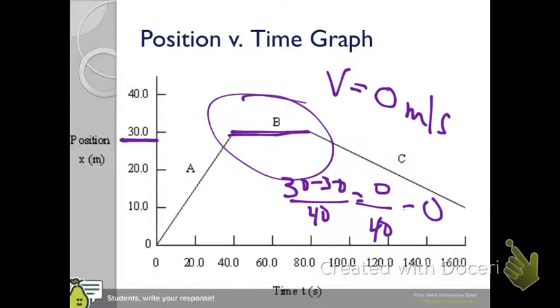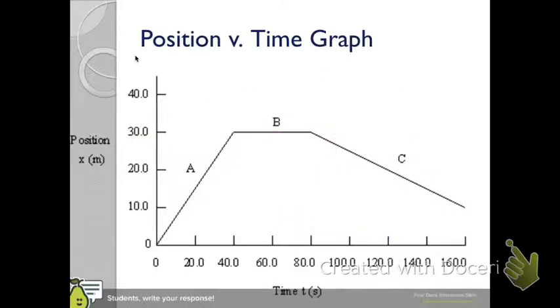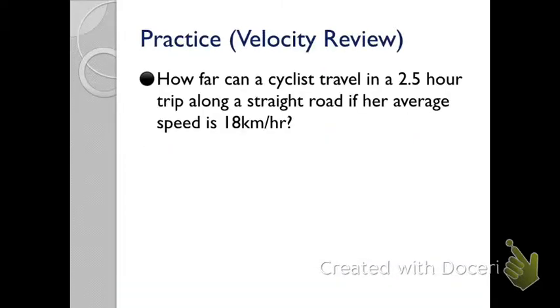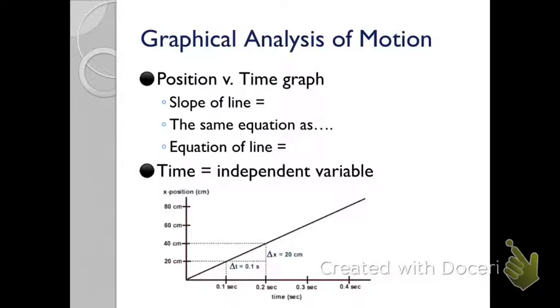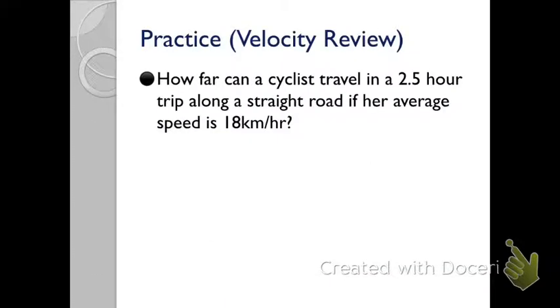Okay, questions about that? Okay. Let's do a little review here, and then I'm going to send you into a review with CK12. I want you to try one velocity review problem, and then I'm going to have you do a CK12 real quick, okay?